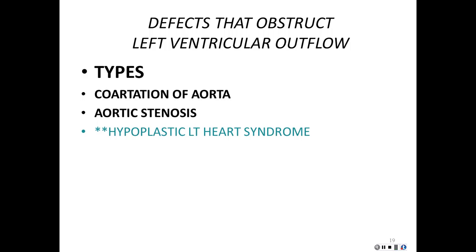The types that we're going to see with these children are coarctation of the aorta and aortic stenosis. You can also see hypoplastic left heart syndrome. I'm not going to, again, cover that portion, but do read about it. Again, not as common. You may see the coarctation. You'll definitely in your career see someone with aortic stenosis as we move into those areas.